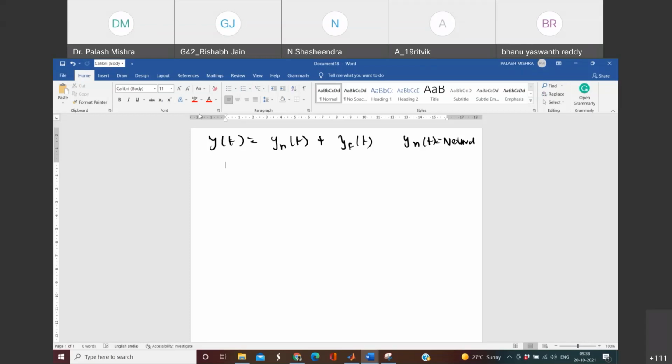And this is true for any kind of system, whether it is a second order system or fourth order system. Every system will have its own natural response and its own force response, and the net response of the system will be the addition of the natural response and the force response.